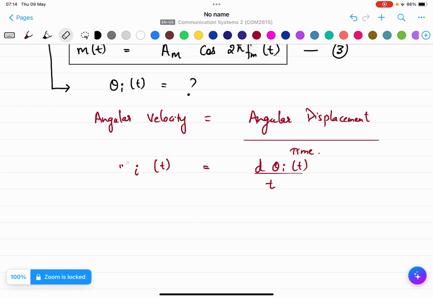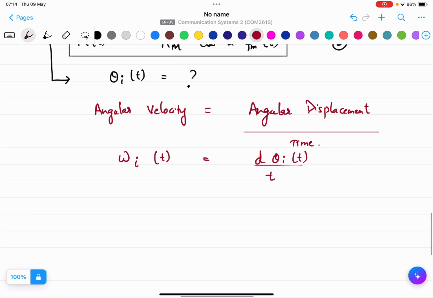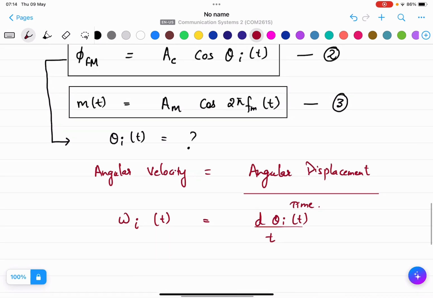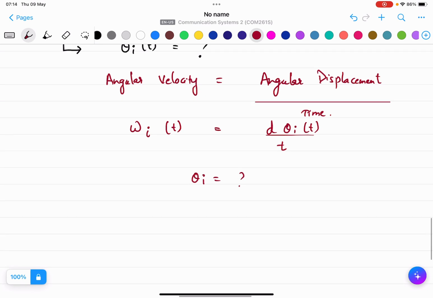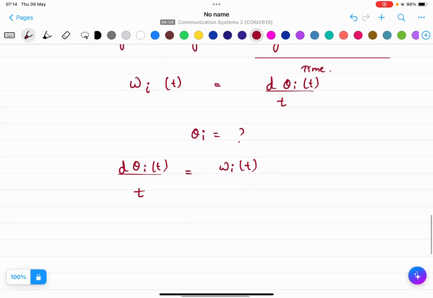Let us just make it a bit clear. So it is omega, right? So I can write it like this. Now I need to find out the value of theta i, right? So how to find out the value? Can I write it in this form? d theta i(t) over dt equals omega i(t), right? I can write it in this form.